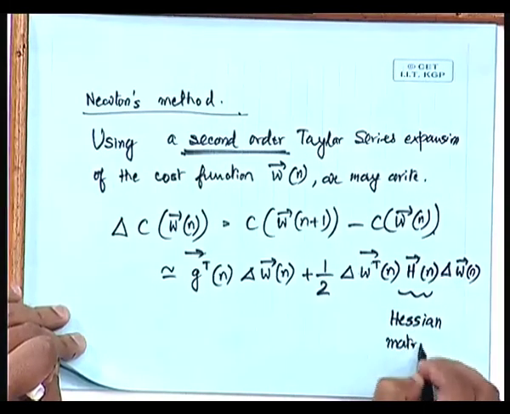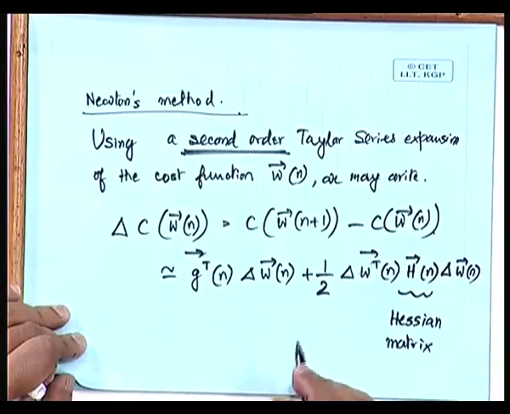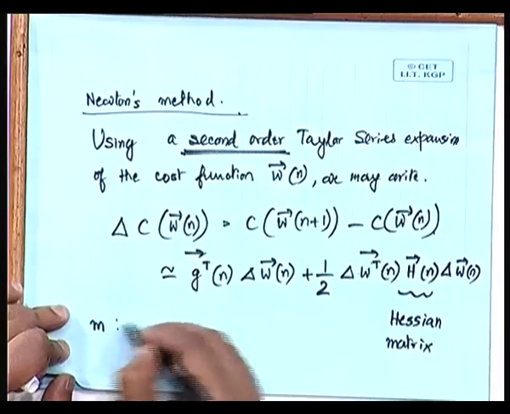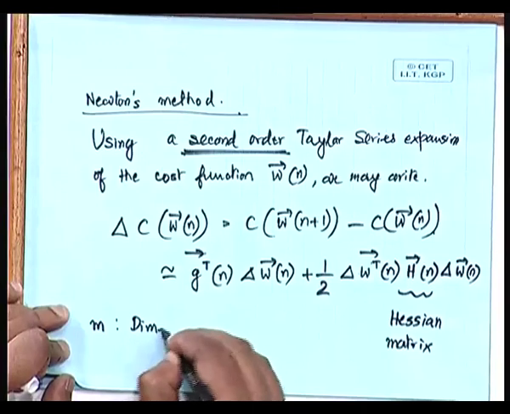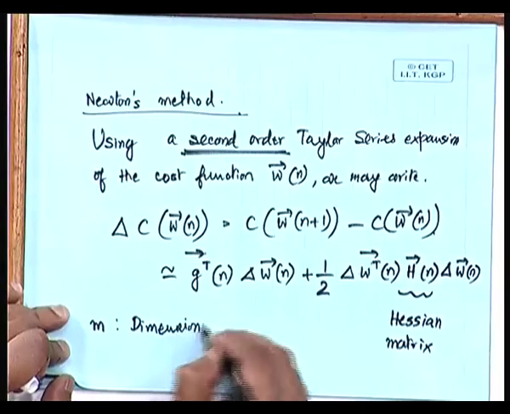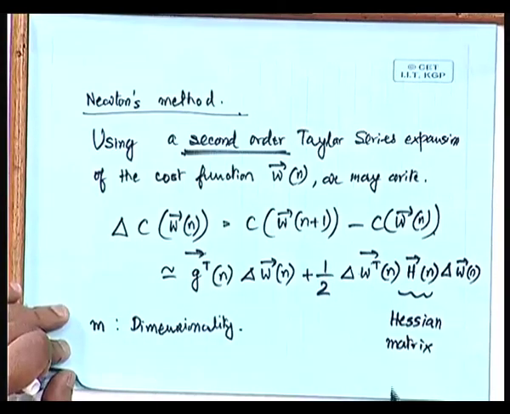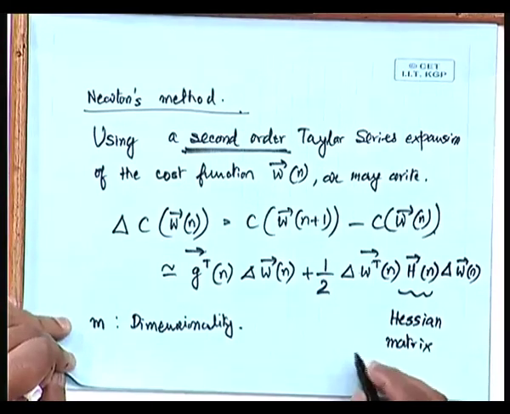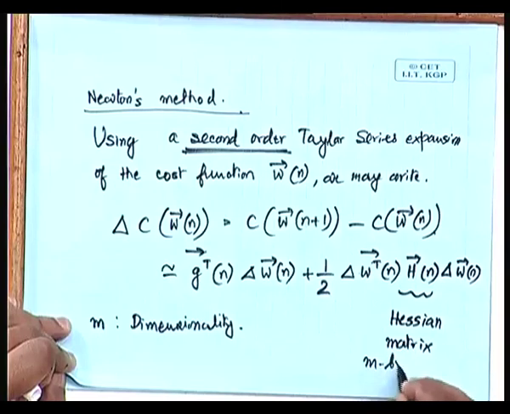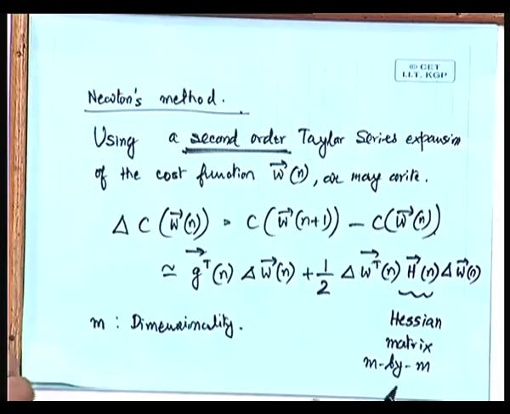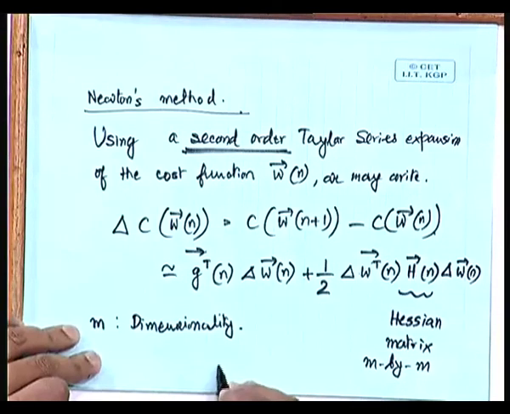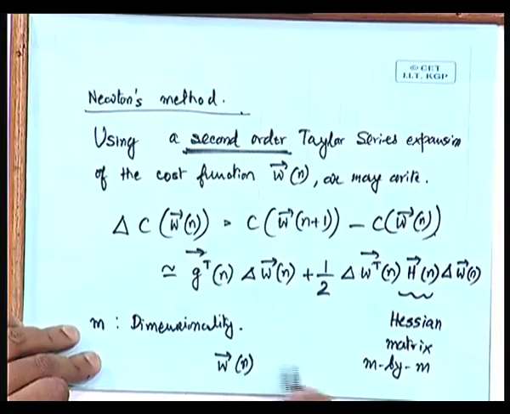Because we are taking the dimension of the network to be m, that is, m inputs, the Hessian matrix will be of size m by m. So it will be an m by m Hessian matrix that we are evaluating at W n, the Hessian matrix evaluated at W n.